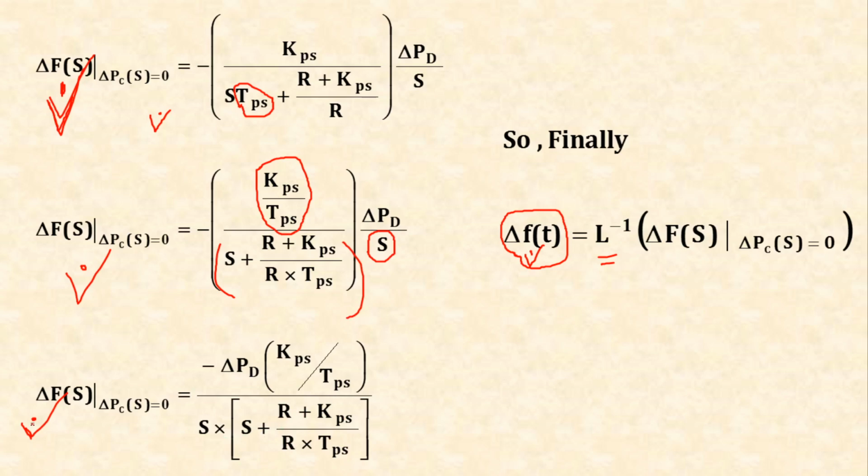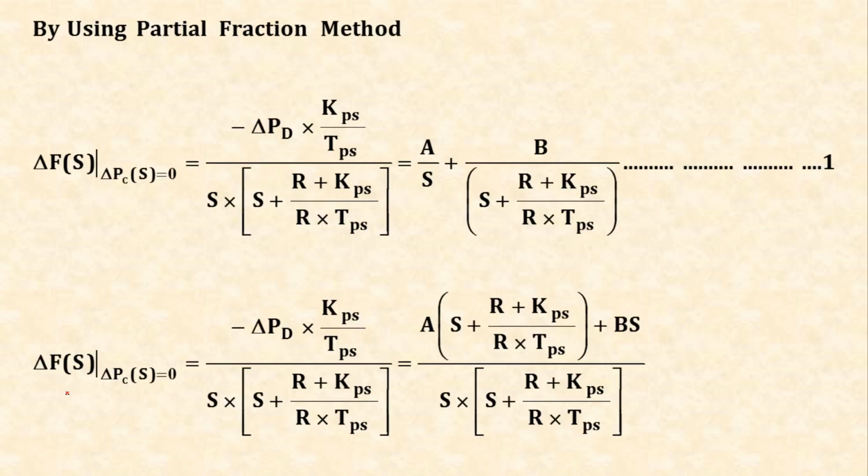So now in this term we will try to find out the inverse Laplace. That means we want to find out the delta f of t. To find out the inverse Laplace, we are going to use the method of partial fraction. We will use the partial fraction method. So this is our final term.